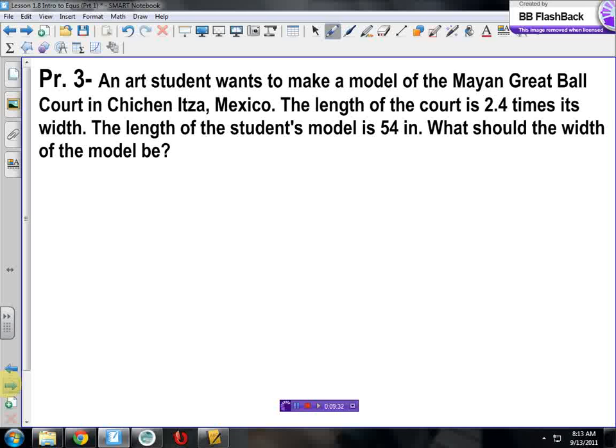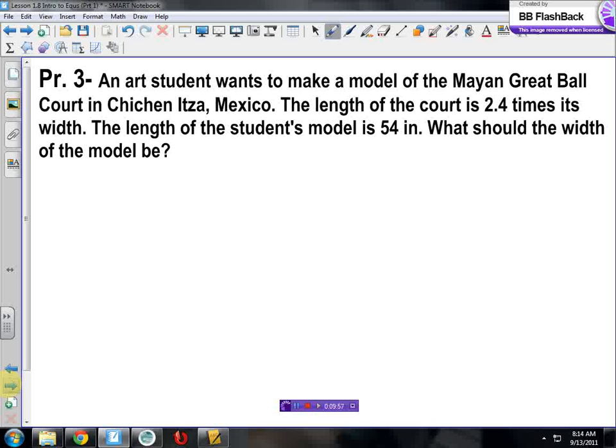Okay? So let's look at this and see where our math words are. Let's read the first sentence. An art student wants to make a model of the Mayan Great Ball Court in Chichen Itza, Mexico. Is there any math stuff in there? No. Okay, now let's read the second one. You guys tell me when to stop when I read something that has math stuff. The length.